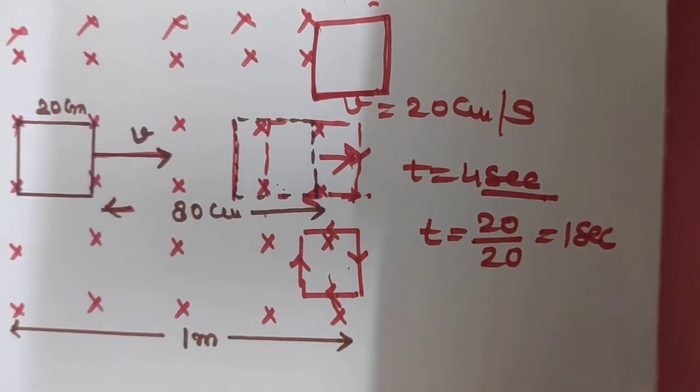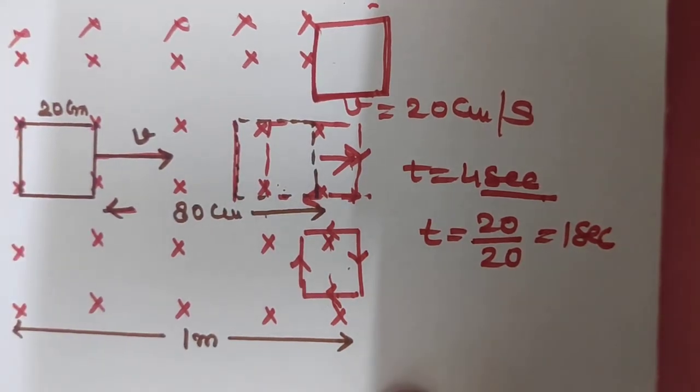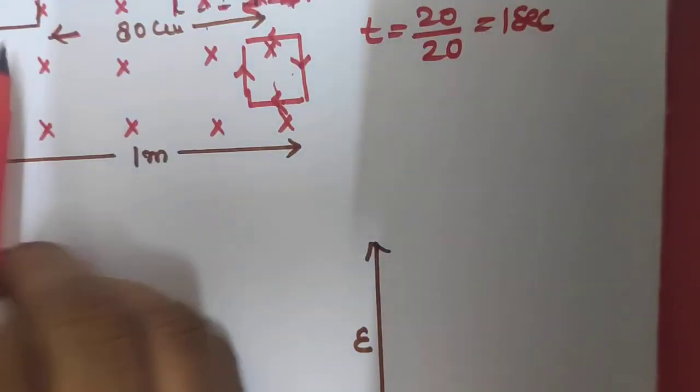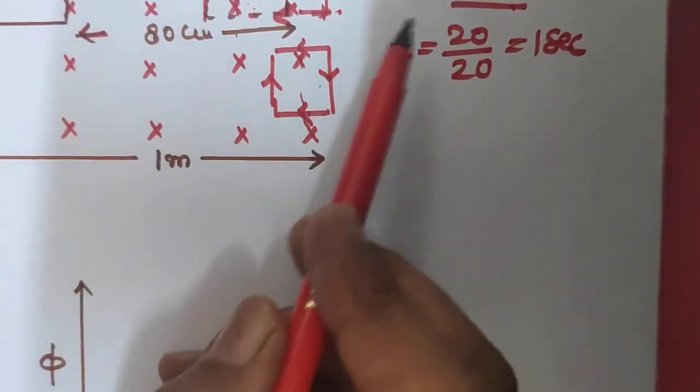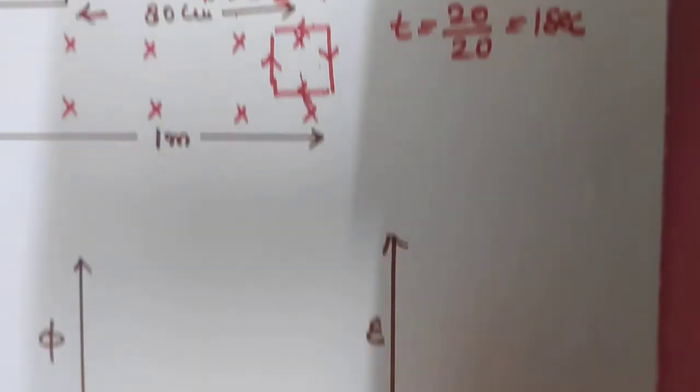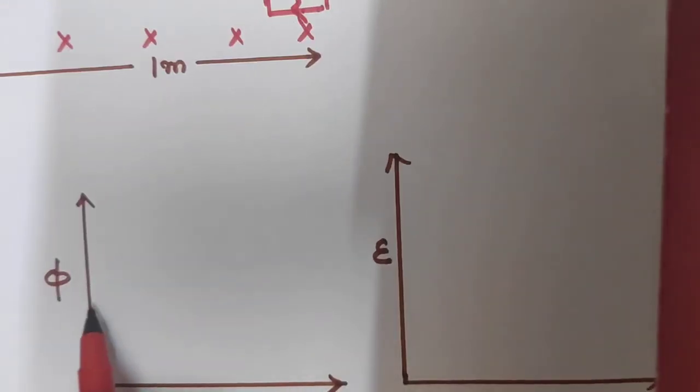Now we have to plot a graph showing the variation of magnetic flux as a function of time. The magnetic flux remains constant up to 4 seconds, while the loop is inside the field. Suppose this represents 4 seconds and this is 5 seconds.